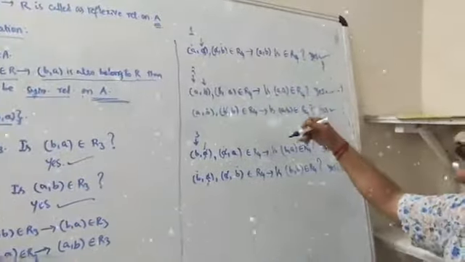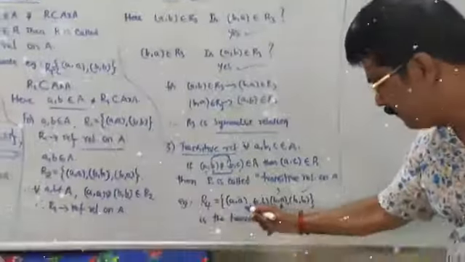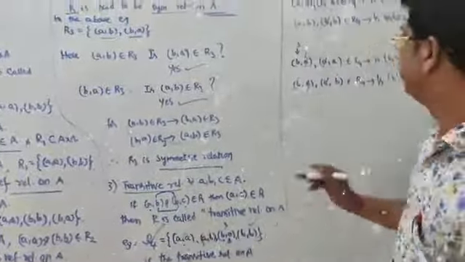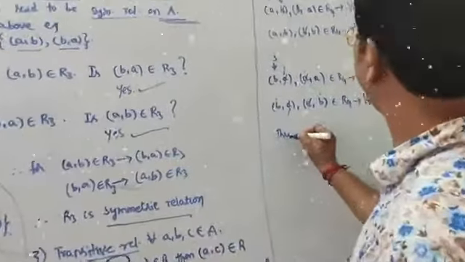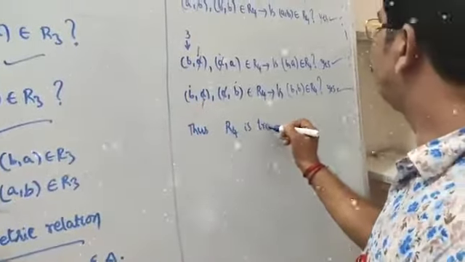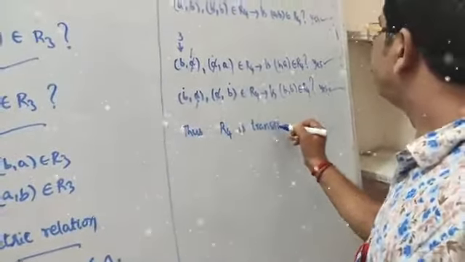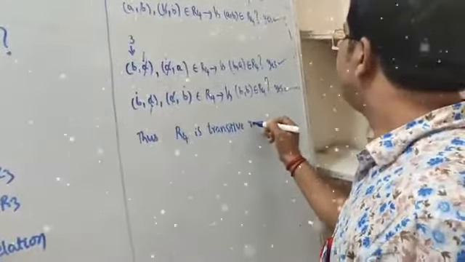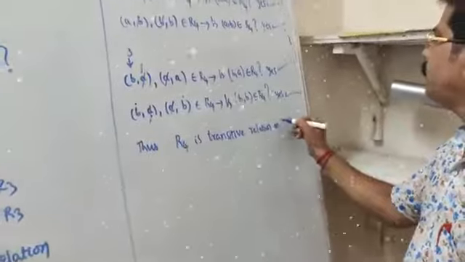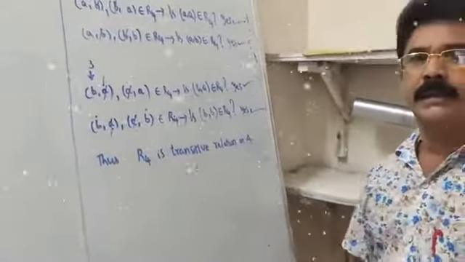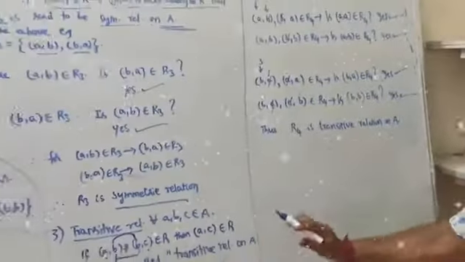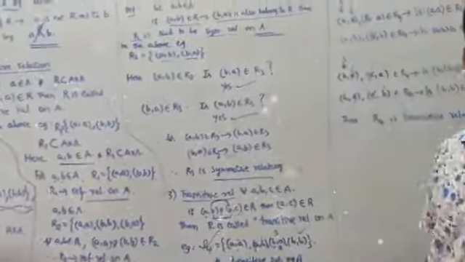So this procedure is satisfied for every element in the given set R4. Therefore, R4 is a transitive relation on capital A or A cross A. This is the verification of a transitive relation.